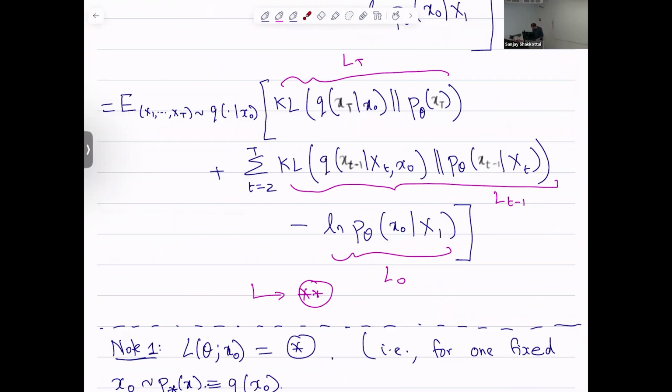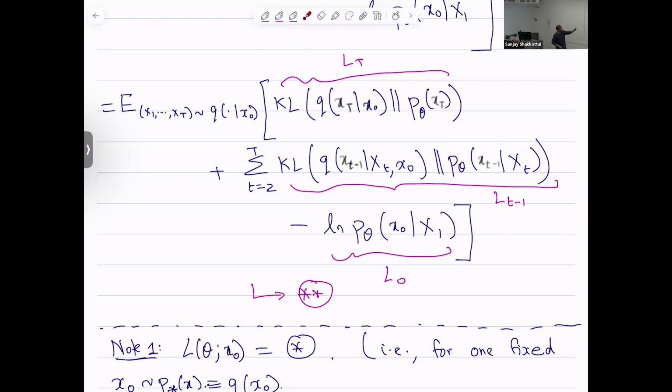But what I wanted to highlight is that the KL divergence is between the predicted one step back, this is P theta, xt minus 1 given xt, whereas this is the true, not the true one step posterior, but the true posterior with an additional conditioning of the initial token as well. So that's what I mean, it's not this. It is actually this. Okay, it's a different posterior that comes in.